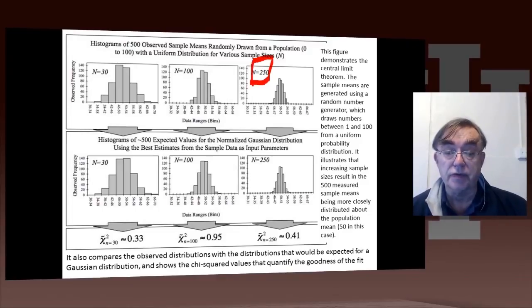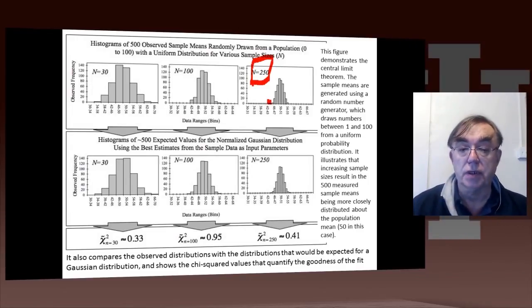here we have 250 sample distributions. The mean is 50, and you can see that we have here a pretty good Gaussian distribution about that value of 50. And even for n of 30, it's not quite as good, but it's still pretty Gaussian. In fact, this is the thing done numerically, which is what we demonstrated with our Python code.